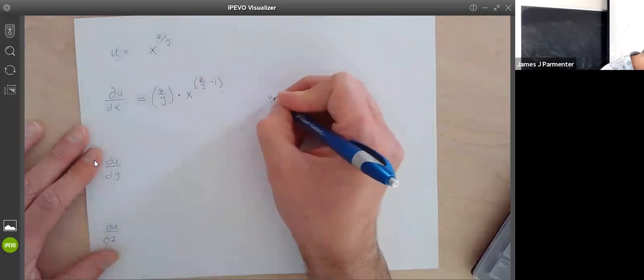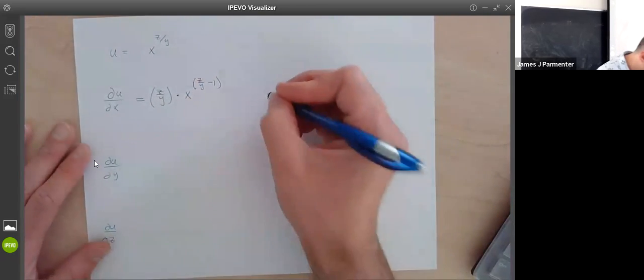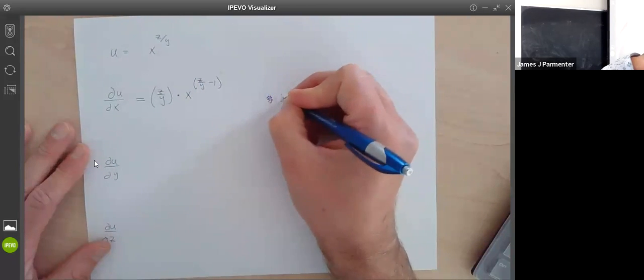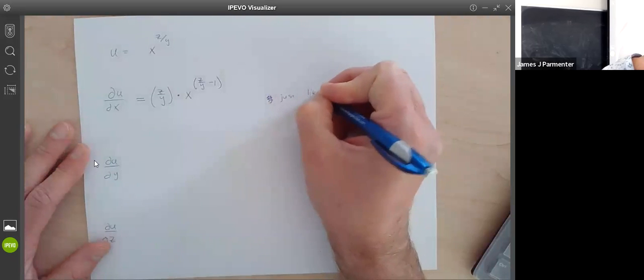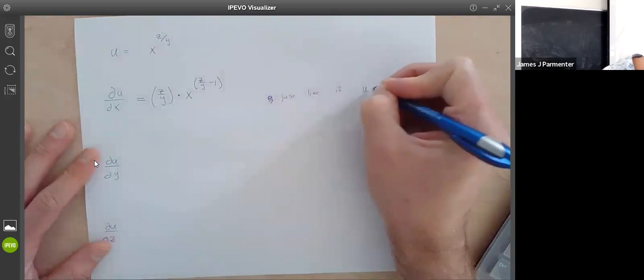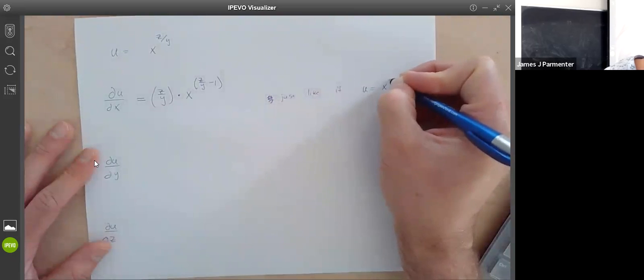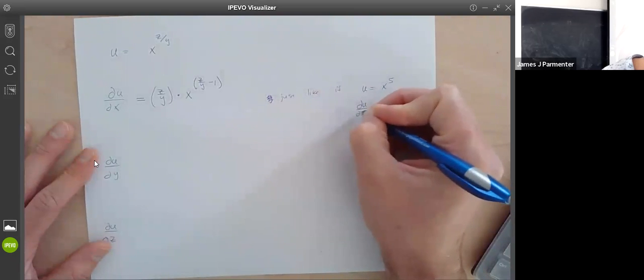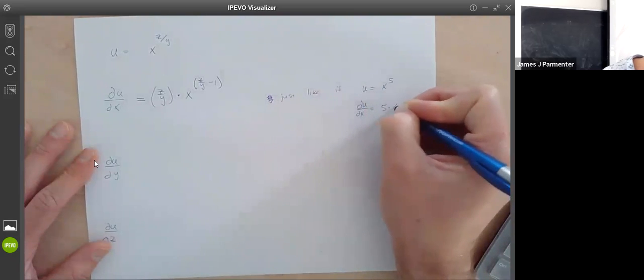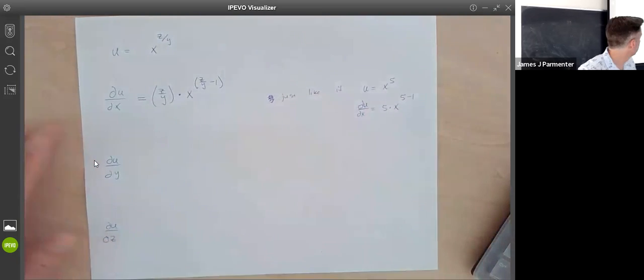Just like if u equals x to the 5th, du dx is 5 times x to the 5 minus 1.